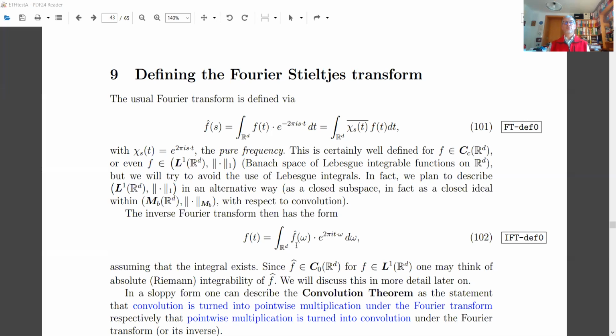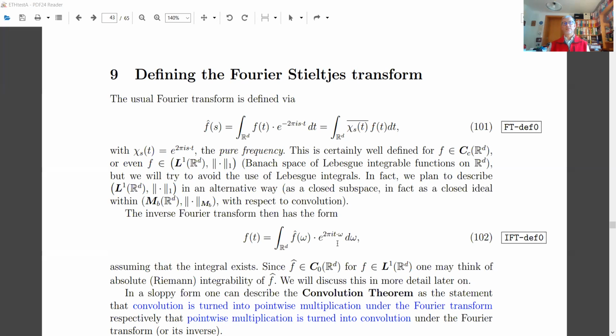We know that if the function f is continuous with compact support, we can write the integral. And we have already indicated that we can extend this integral, the symbol, to the space L1, the closure of the continuous functions with compact support, which turns out to be exactly the Lebesgue space of Lebesgue integrable functions.